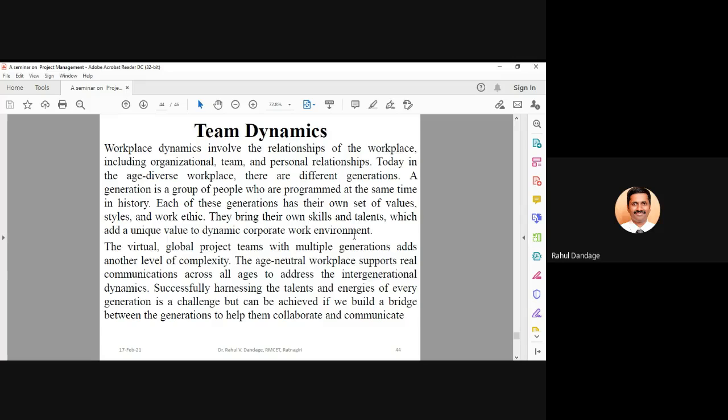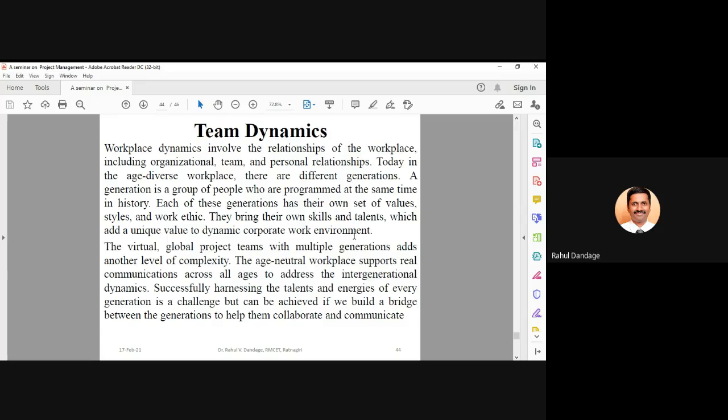Many times we say there is a generation gap. The generation gap is a buzzword between son and father, daughter and mother. Everywhere you find conflicts because there is a generation gap. So what is generation all about?